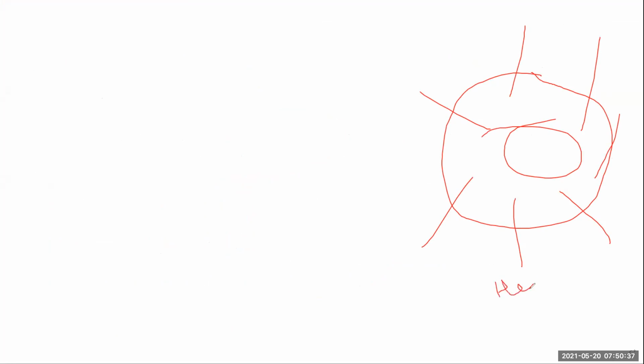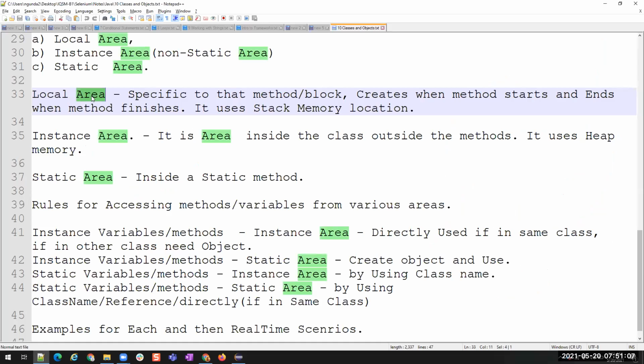And we have a stack. Whenever you create an object, that will be placed here. If you create another object, that will be placed on top of it. If you want another object, that will be placed on top of it. Stack, one above the other. This is stack memory. Whenever you are using this local area or local members, those will be placed in the stack memory.